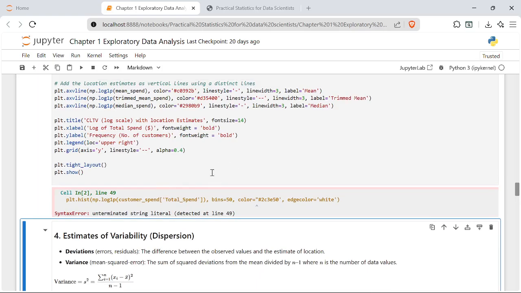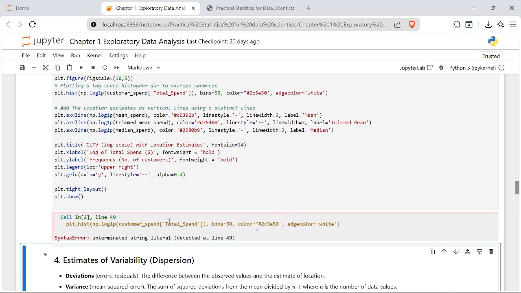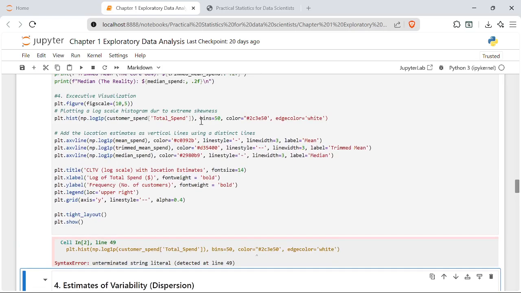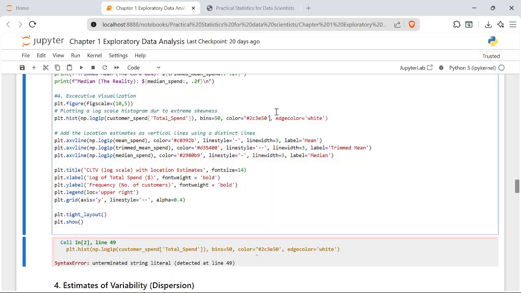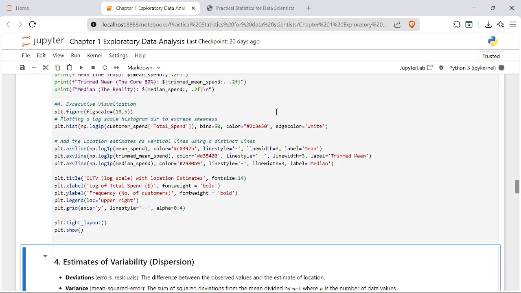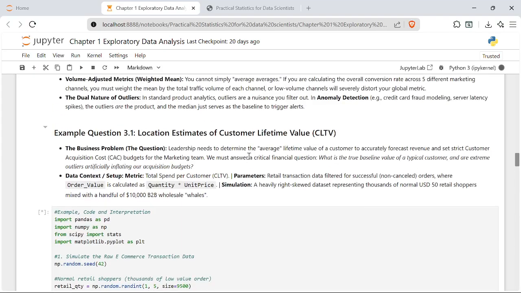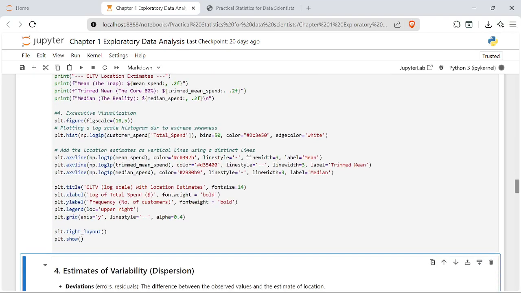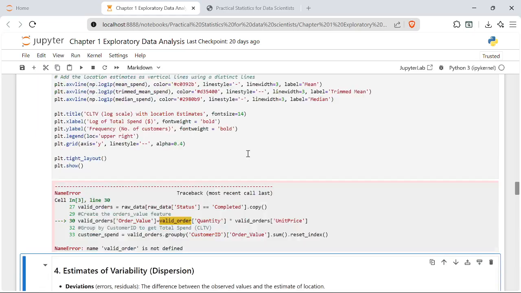Unterminated string literal at line number 49. plt.hist. Okay. Finally, let's wait for the output.